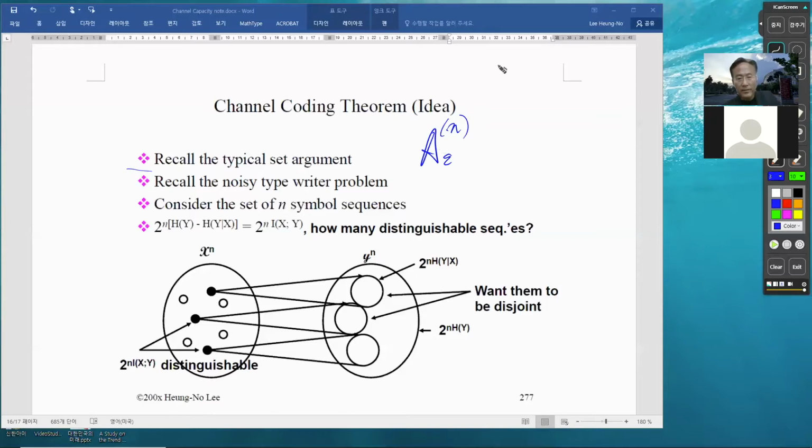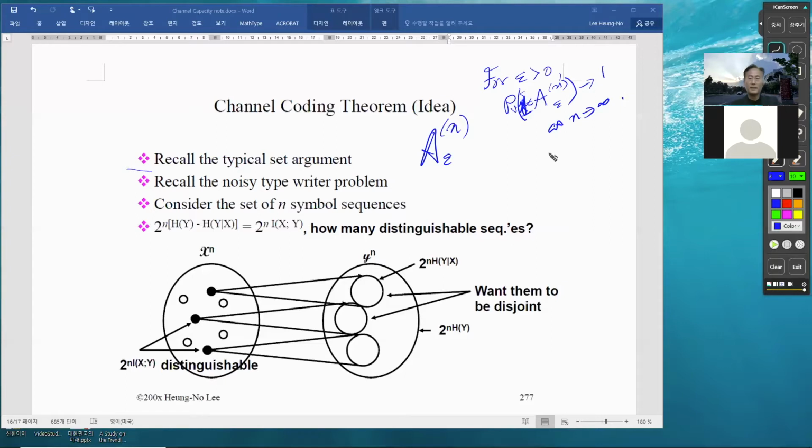So the convergence in probability says for any epsilon greater than 0, the probability that a sequence, let's say x, belongs to this typical set approaches 1 as n goes to infinity.